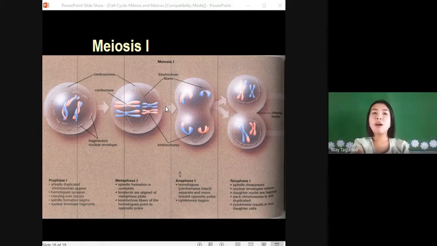After telophase 1, there may be a short interphase, but not always. It is important to note that if a cell does have a second interphase, there is no replication of chromosomes. Always remember that.